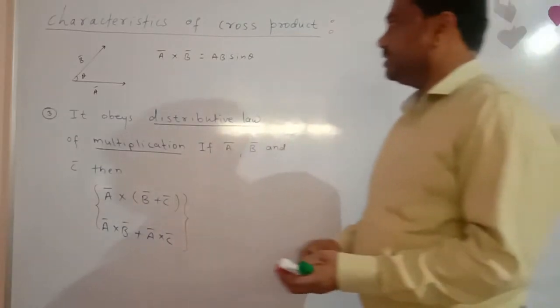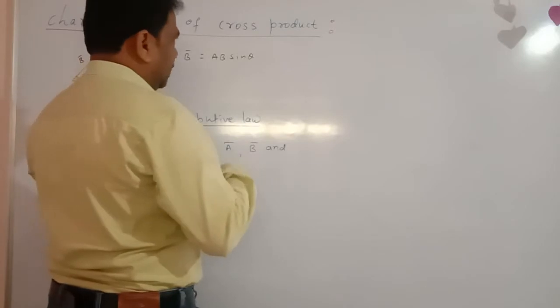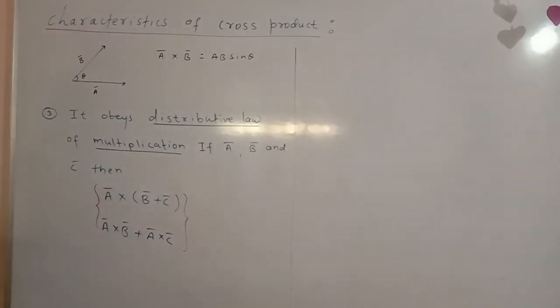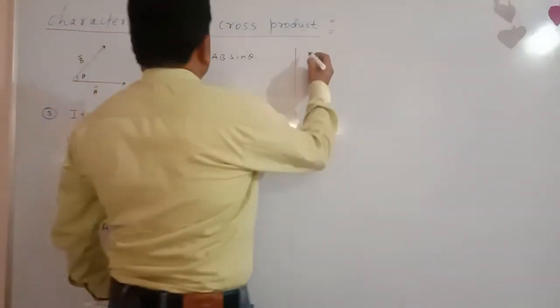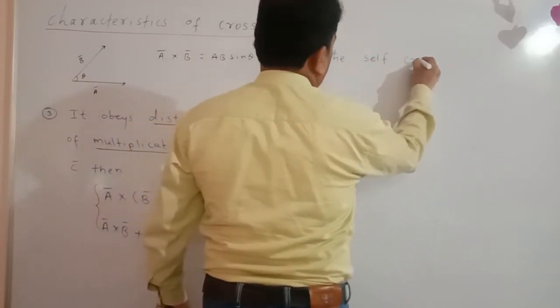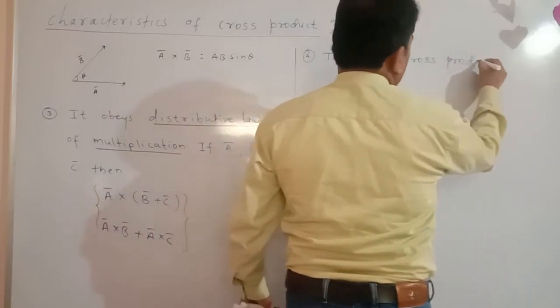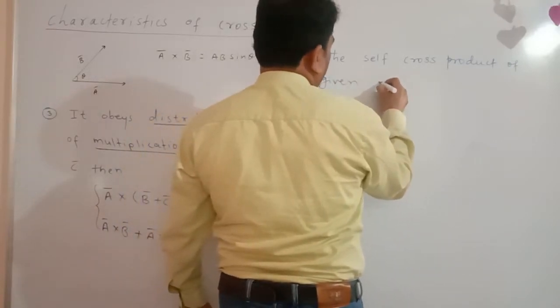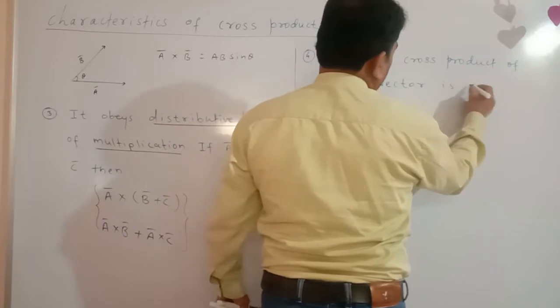Now the next characteristic is that the self cross product of a given vector is equal to 0.